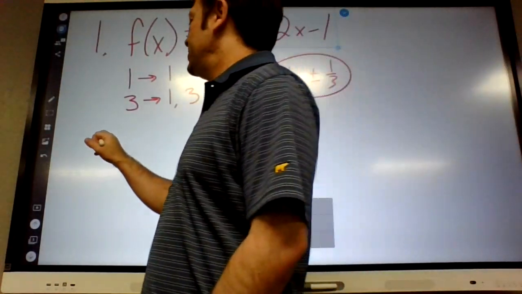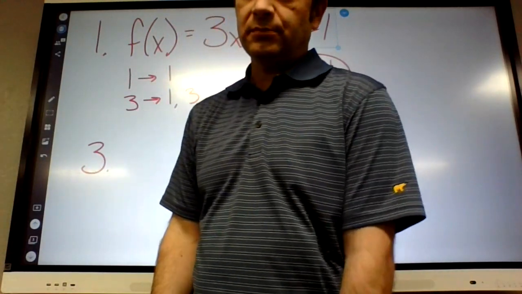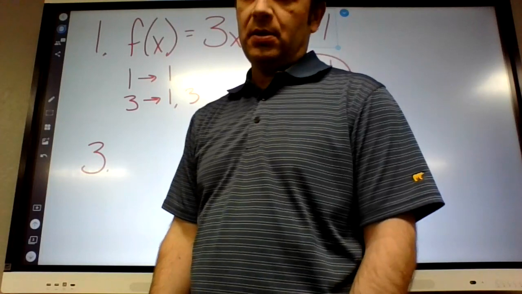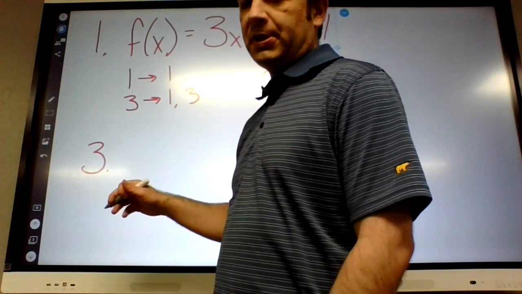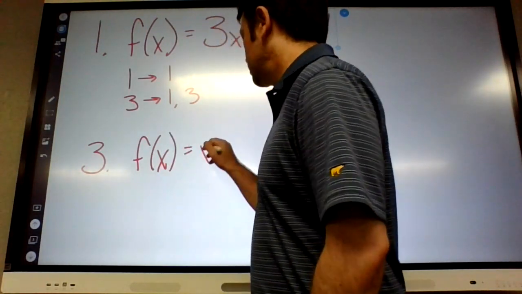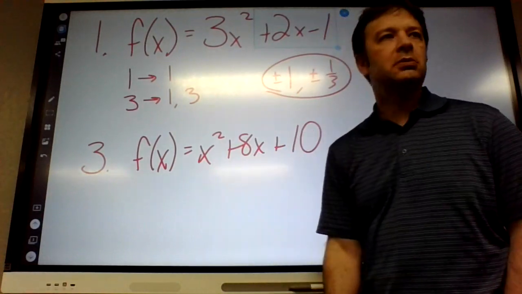Starts off easy enough. Okay, x squared plus 8x plus 10. If it doesn't have the second thingy, do we just put 0?